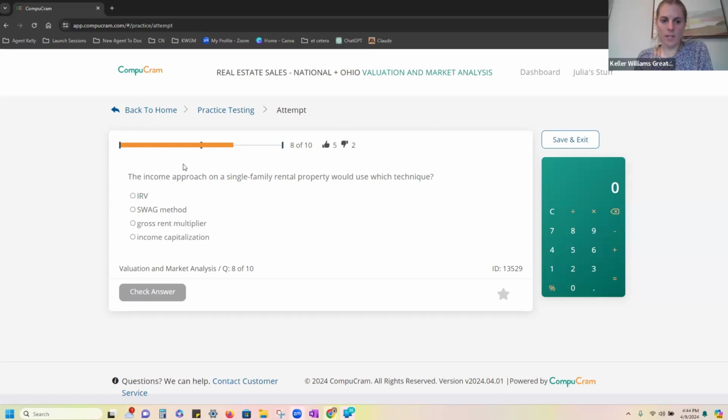All right, the income approach on a single family rental property would use which technique? A, IRV, B, flag method, C, gross rent multiplier, or D, income capitalization. So the income approach on a single family rental property would use which technique?